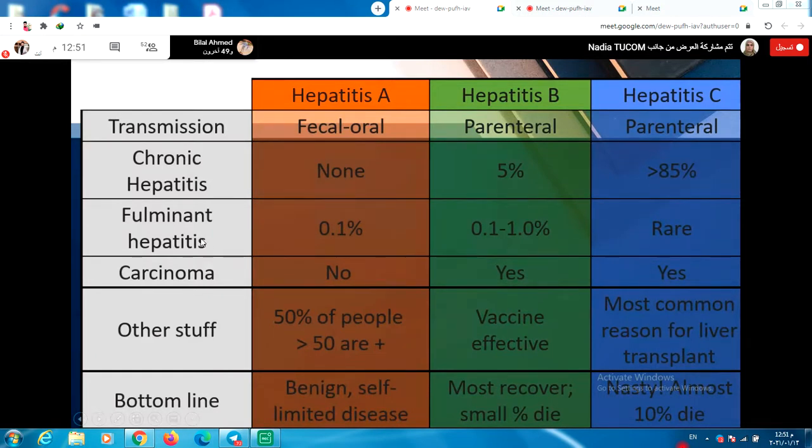Fulminant hepatitis can be seen in a small percentage, especially in pregnant women or certain types of immunocompromised people. Carcinoma is more common in hepatitis C and B, more common in C. No risk of carcinoma for hepatitis A.